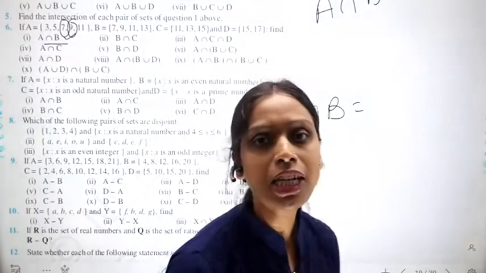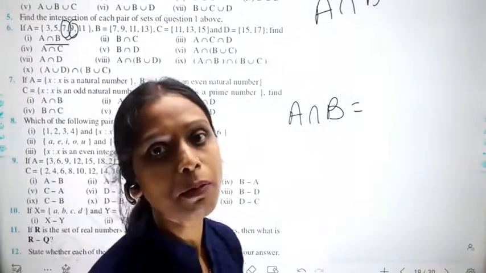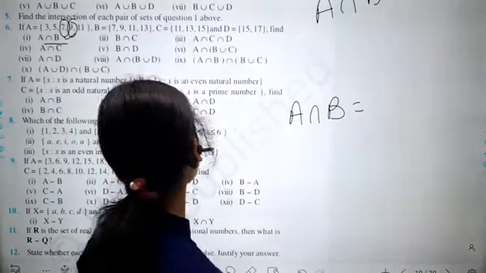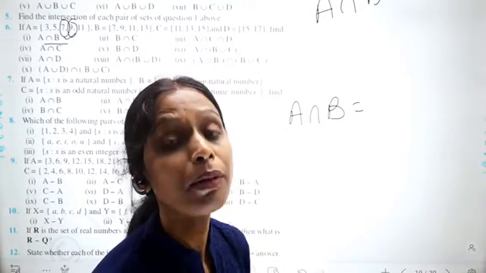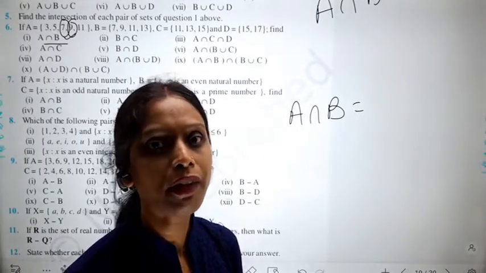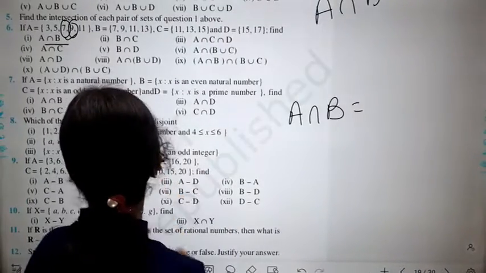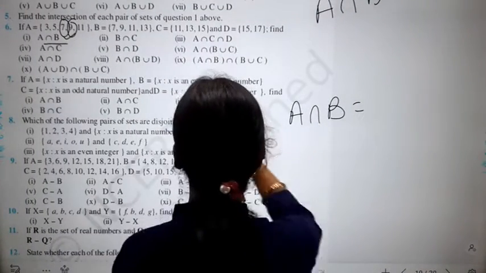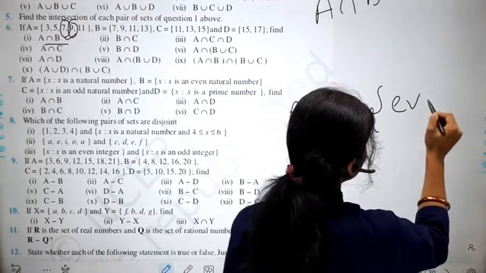What is even? Even is a number divisible by 2. And what is odd? A number not divisible by 2. A prime number is divisible only by 1 and itself. This is the definition of prime, odd, even and natural. Then what will be A intersection B? It will be the even natural numbers, all even natural numbers.